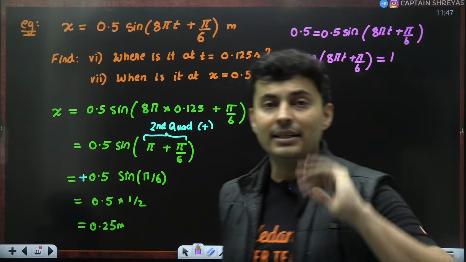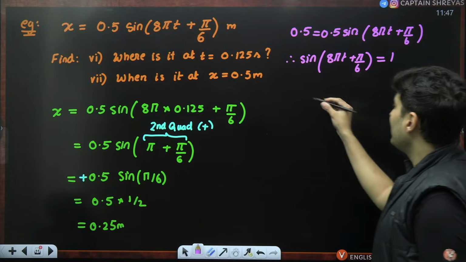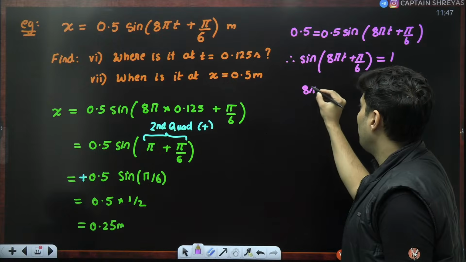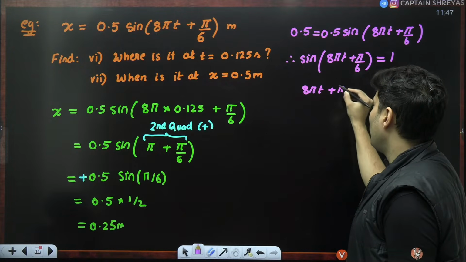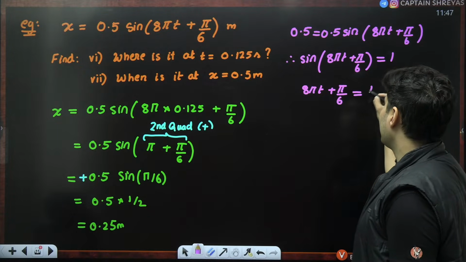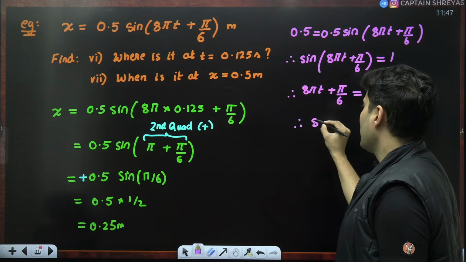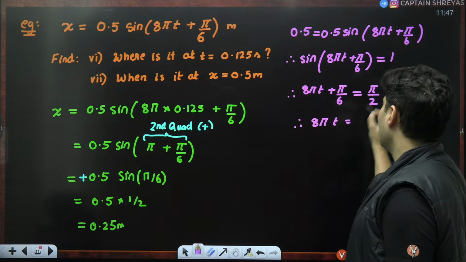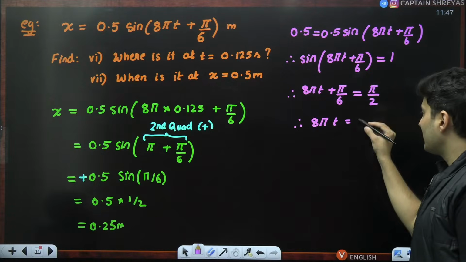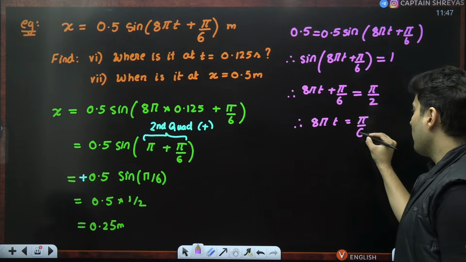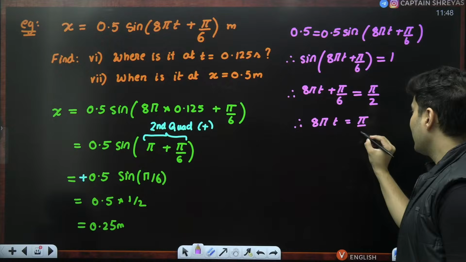When it is 90, right? So basically the inside term 8 pi t plus pi by 6 should be basically 90. 90 means pi by 2, correct? Therefore, 8 pi t will be 90 minus 30, which is 60. So it is basically pi by 3.